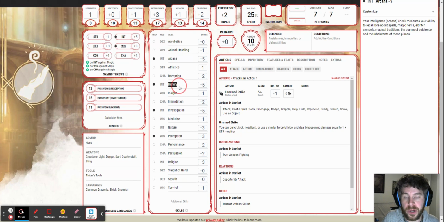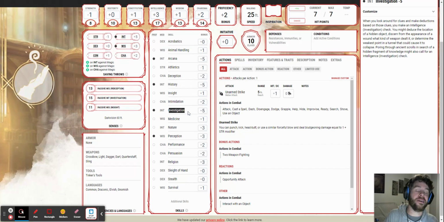History is the next one that we wanted to go with. So this can be things like legendary figures from the past, right? Maybe ancient wars or kingdoms that have come and gone and are no longer around that we know because of our study, right? Investigation is the next one. Like I said, I foresee investigation being a useful one for this character because we're going to be really looking for things in text.